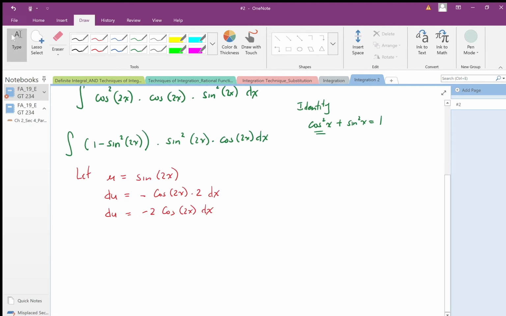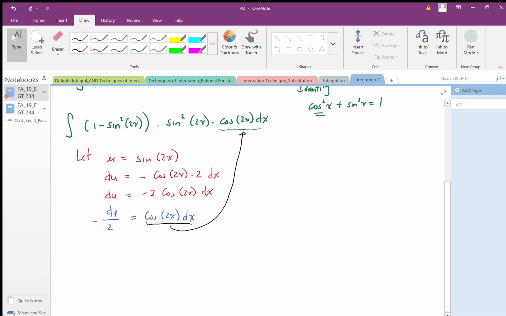Since I'm looking for cosine 2x dx in my integral, I need to rewrite this as du over 2 equals cosine 2x dx. So this portion satisfies that portion of the integral.